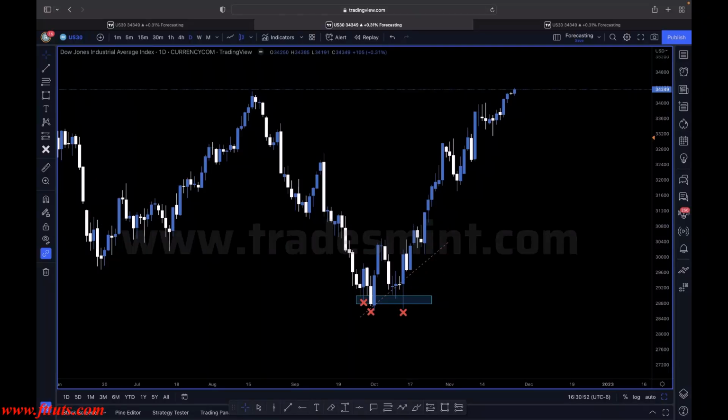Okay. You'll see false breakouts, bearish false breakouts there. And the bullish volume is going to be much higher than the bearish volume, right? So this big giant candle is a lot larger than the bear candle here.